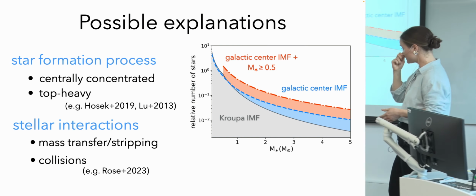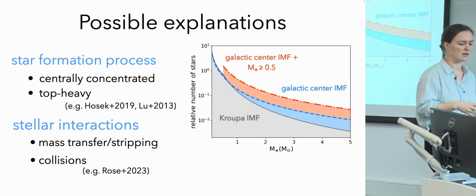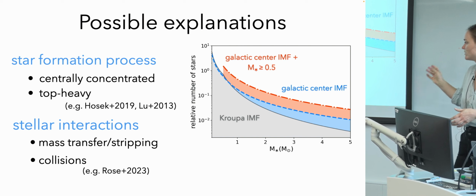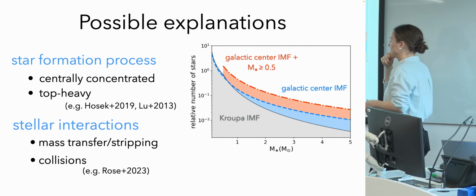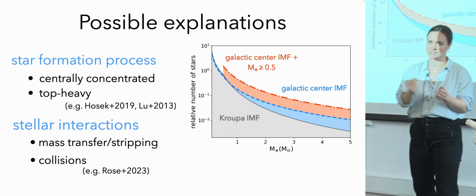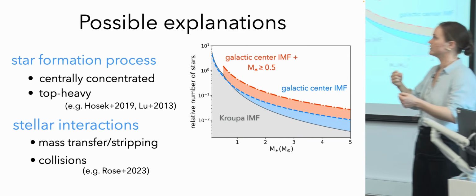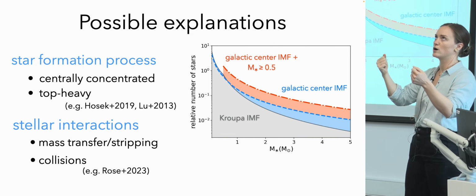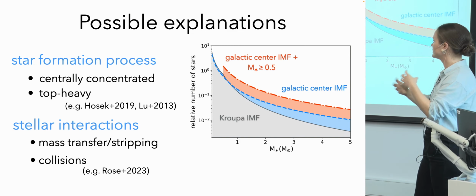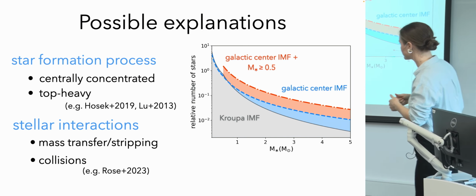It's also possible that there are some sort of stellar interactions that could change the current mass function apart from just normal stellar evolution. And so there's been recent work showing that you can get a lot of collisions in the very dense stellar environment in the galactic center. For a lot of these stars, your rate of collisions is high enough that you're likely to collide, but you're not moving so fast that you fully disrupt.